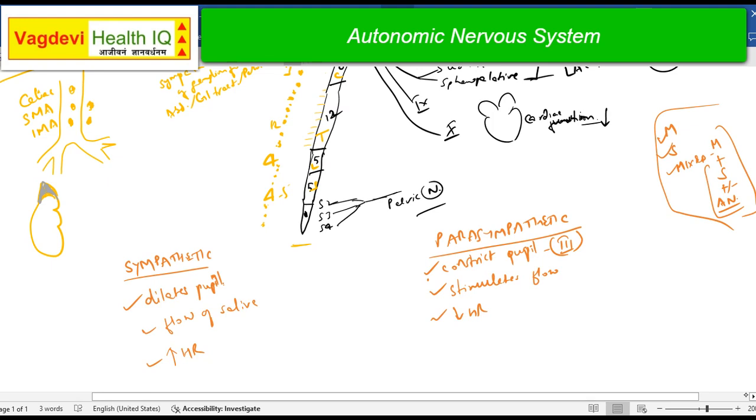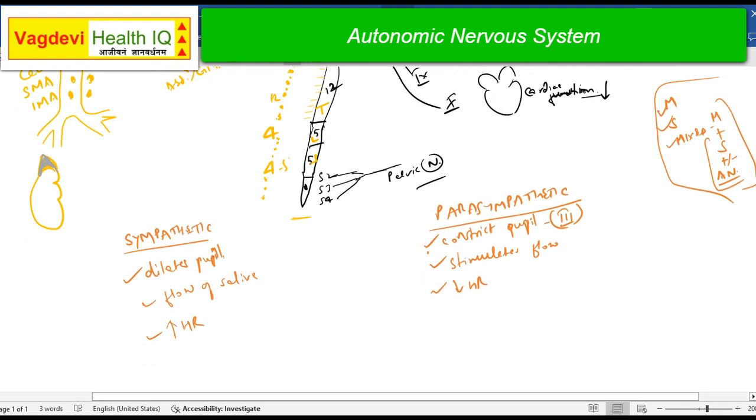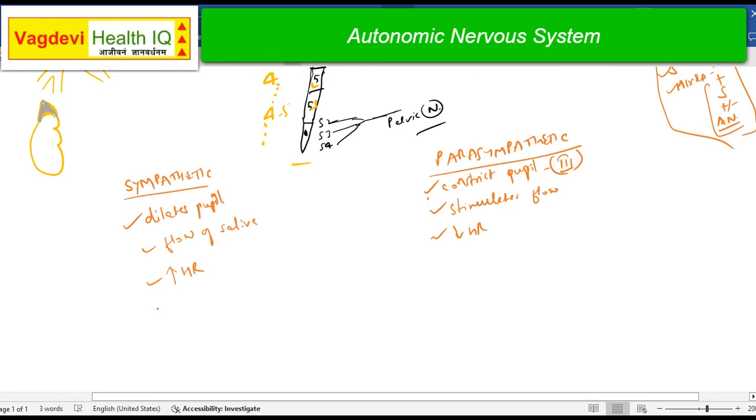Again, you can see the contrasting difference, and then you can find out the trend of how the big picture plays. Anyway, we'll be coming into that. How about the bronchi? Sympathetic dilates the bronchi, that means it increases the respiratory rate and dilates the bronchi.